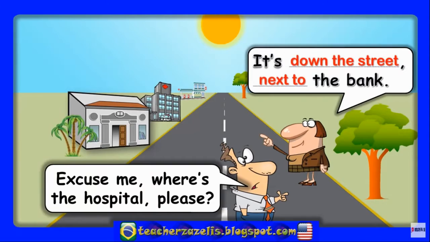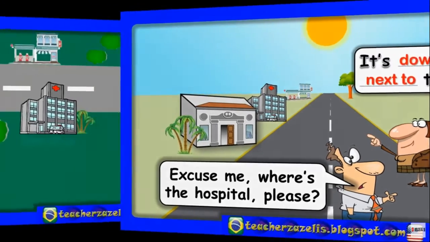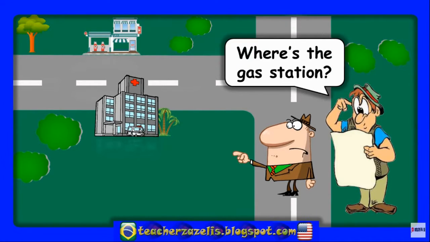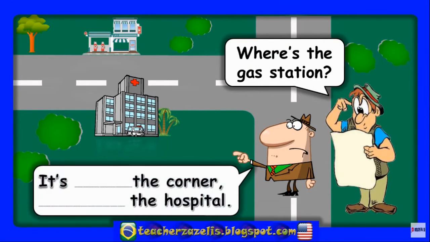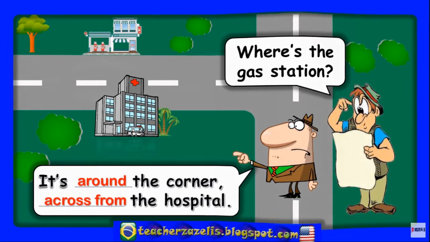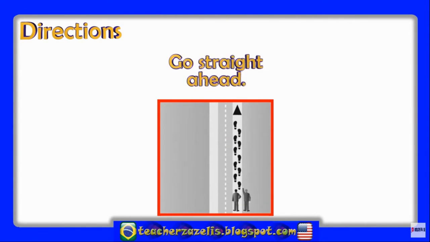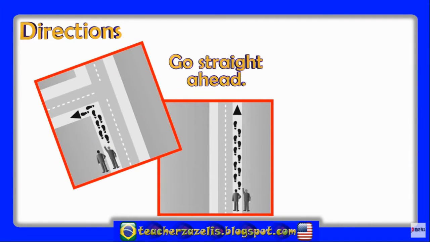It's down the street, next to the bank. Where's the gas station? It's around the corner, across from the hospital. Directions. Go straight ahead. Turn left.